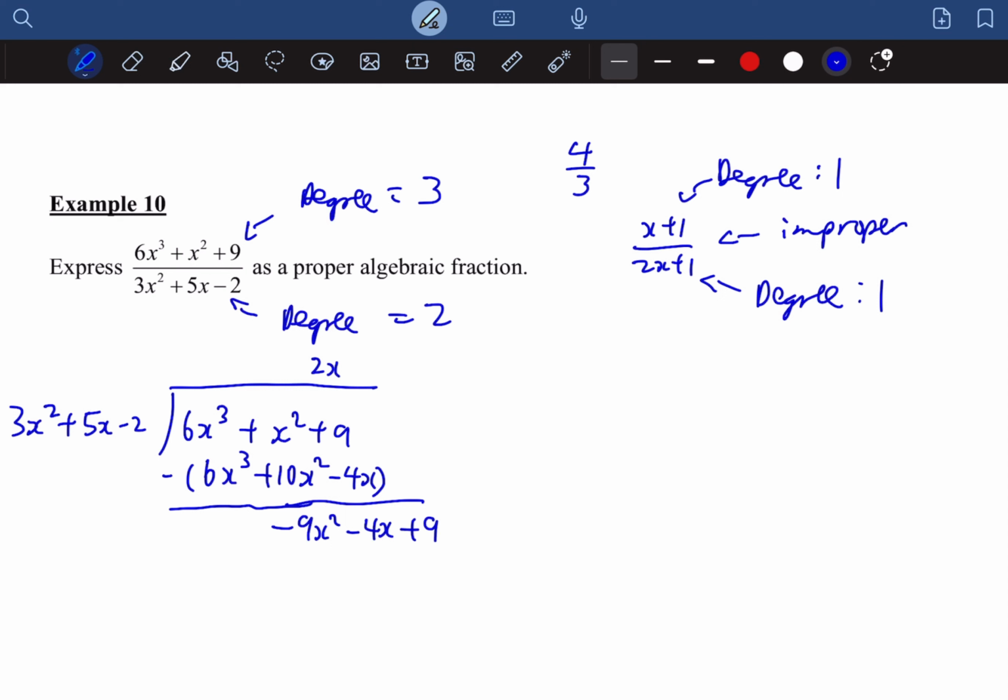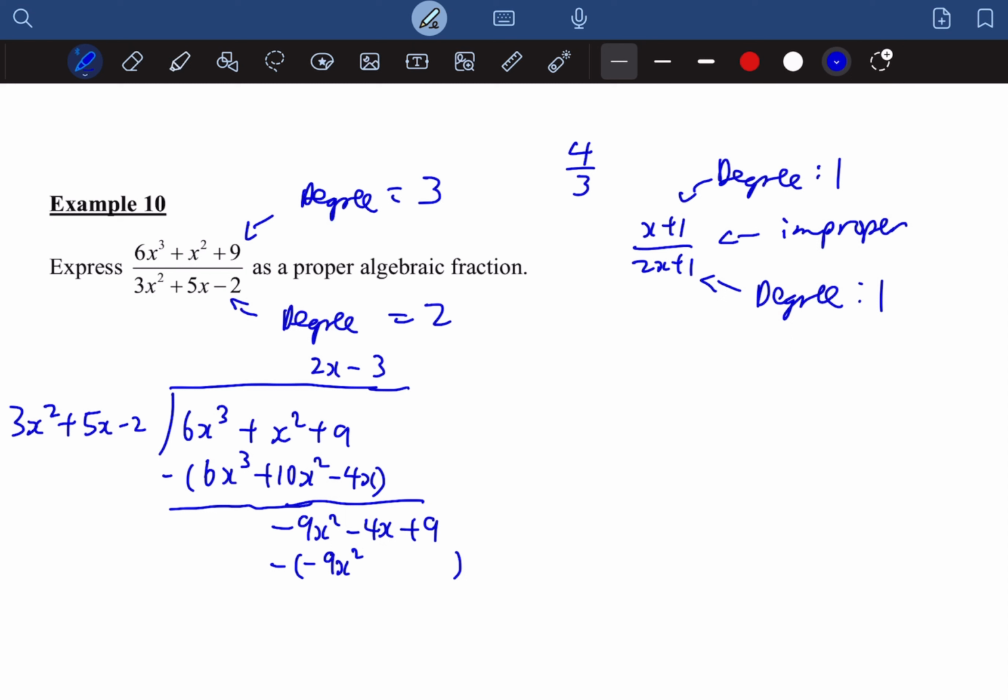So you see over here, the degree of the current remainder is 2. The divisor degree is also 2, so we have to continue with the division. I have to remove negative 9x squared. So I need to have a negative 3 here. 3 times 3x squared, I have negative 9x squared.